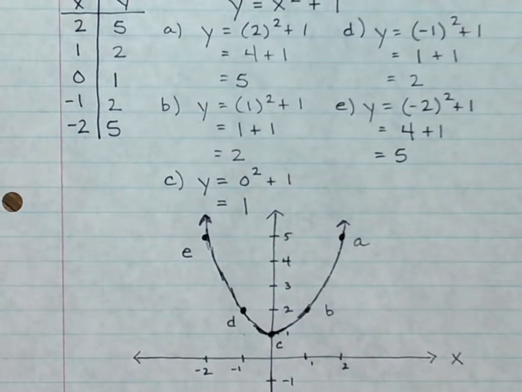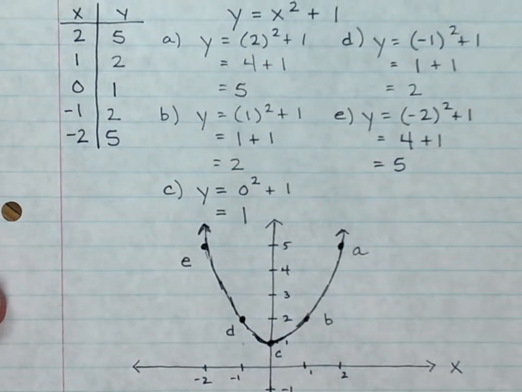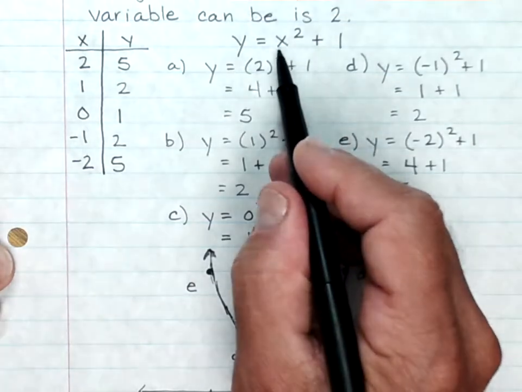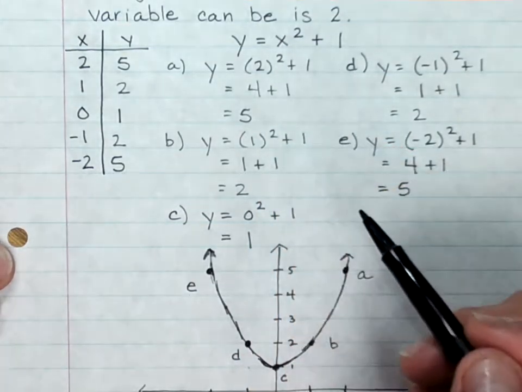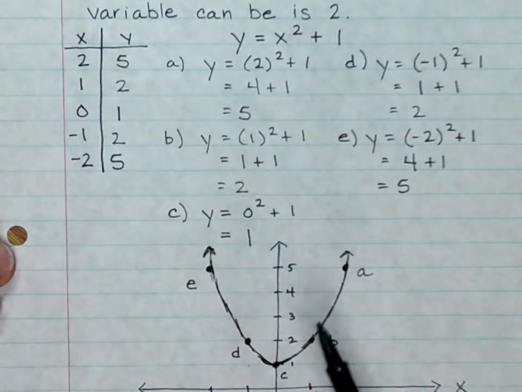I want you to think about that and compare that to our linear functions of last week. Just pay attention to what the function says. This is a quadratic. Linear functions were lines, right? Straight lines.